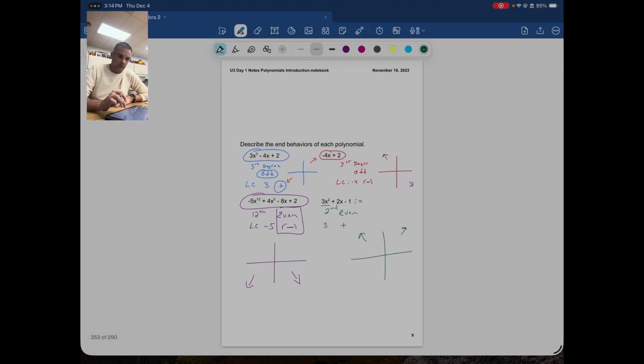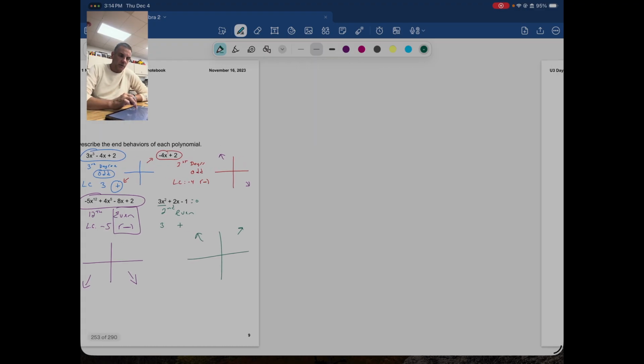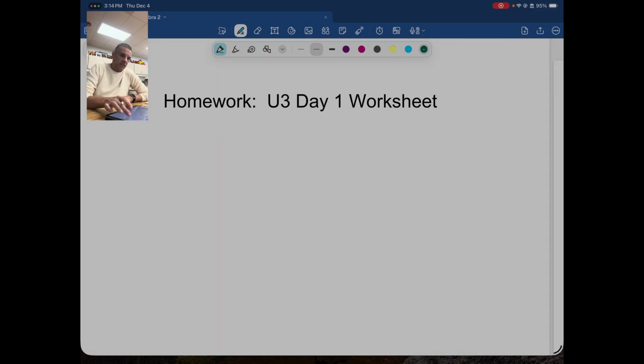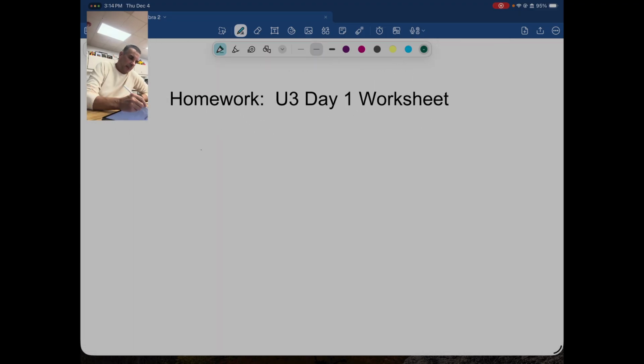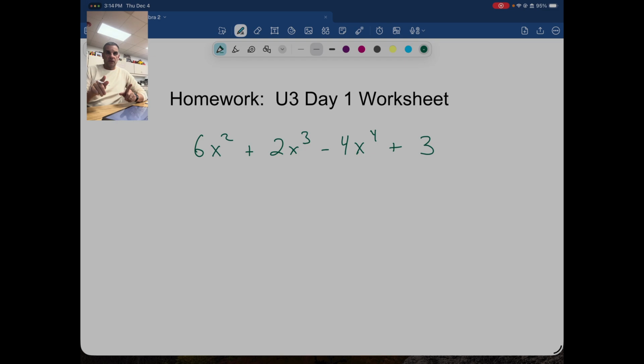We're going to do one more example. Again, you can pause this one. We're going to have you answer a bunch of questions with this one. Let's go: 6x squared plus 2x cubed minus 4x to the 4th plus 3. The first thing I want you to do is put it in standard form, SF. After you do that, tell me what the degree is. Next, tell me what the leading coefficient, the LC, is.